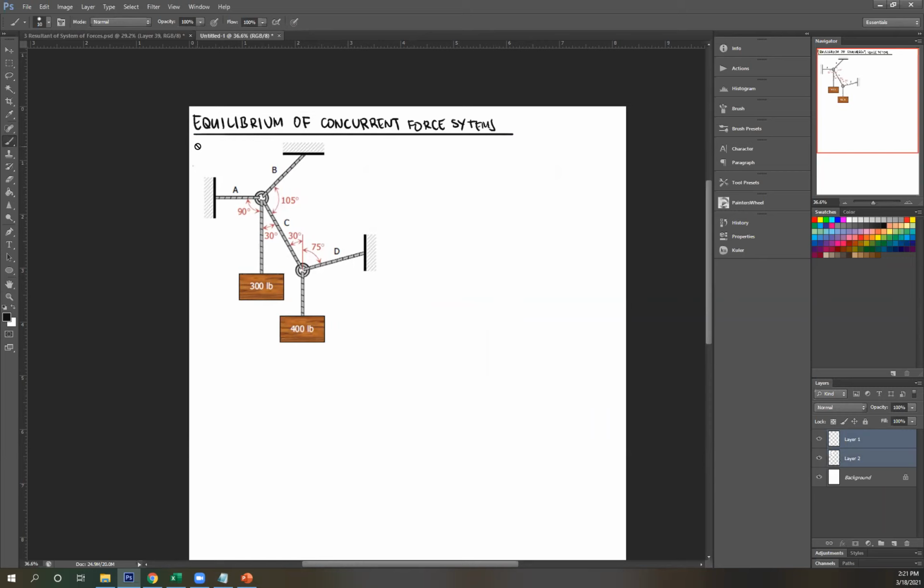All right, so this is number one. Here, in our topic of equilibrium, we're going to practice drawing our free body diagrams. So previously in our resultant, we didn't do that much, but here now, we will.